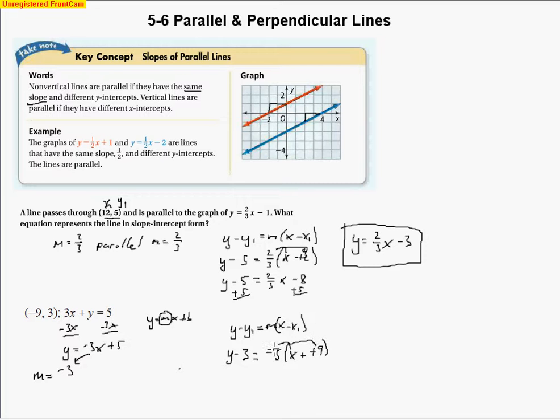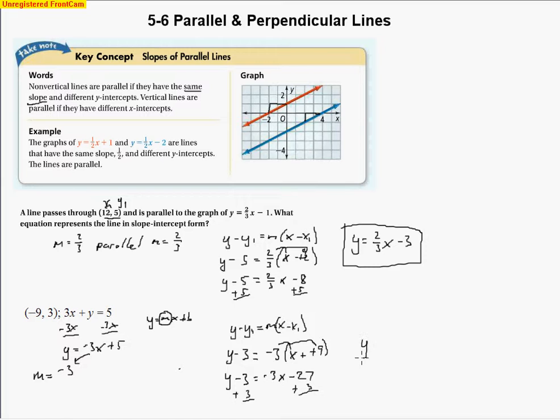I distribute, so y minus 3 equals negative 3x minus 27, because negative 3 times 9 makes negative 27. Then I just have to add the 3 to both sides, and we'll have our answer.